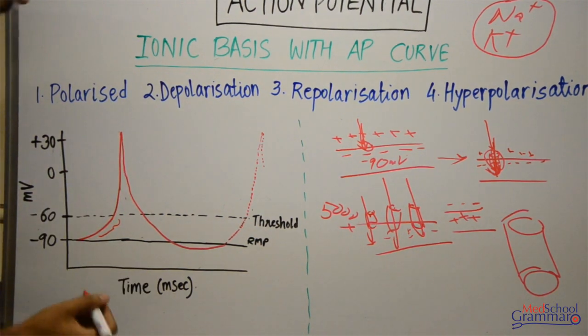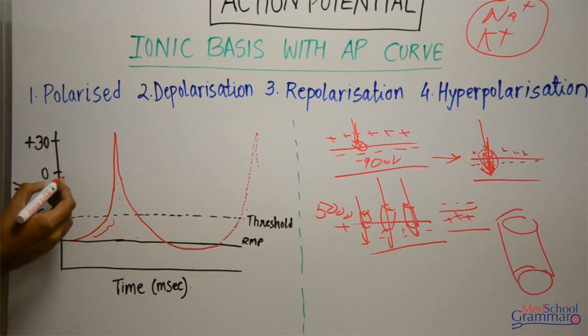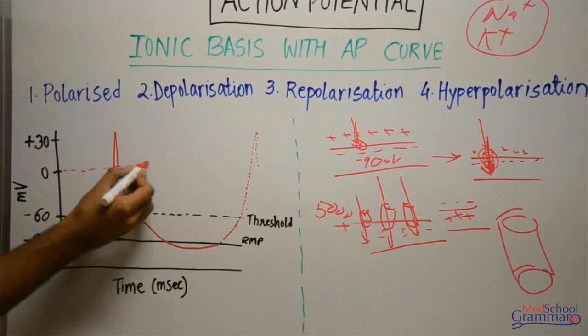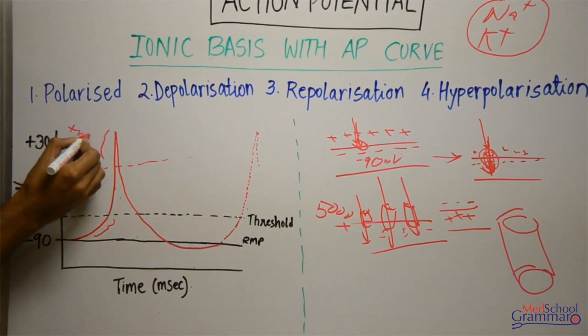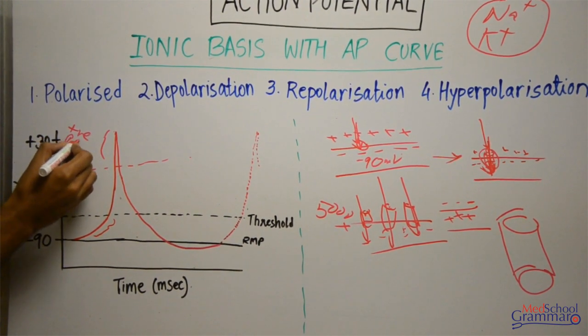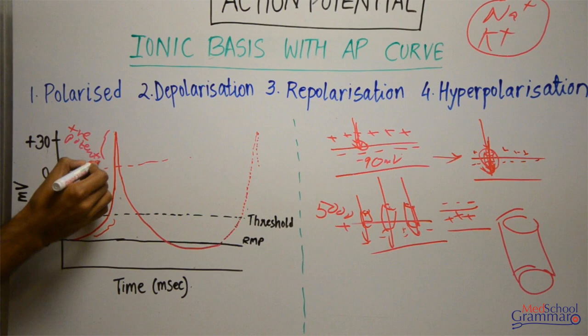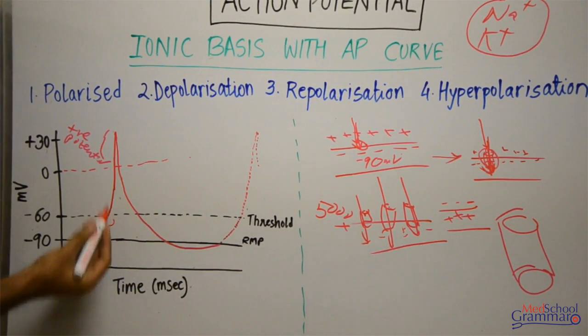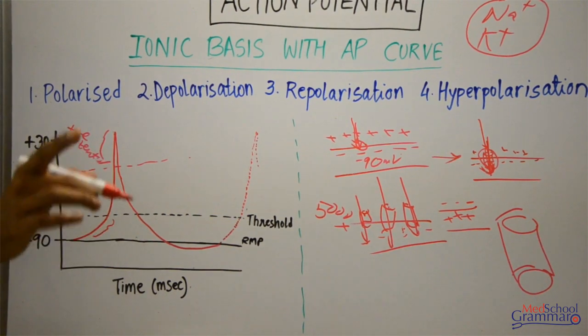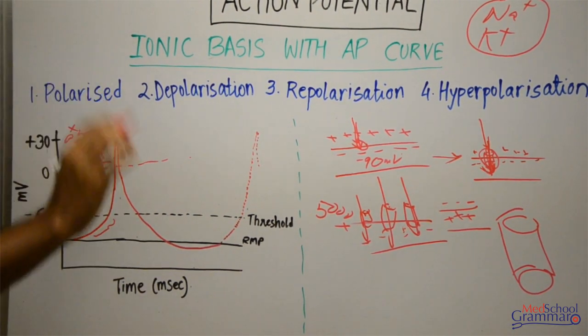Now why is that so? But before I go into the reason, let me tell you that this part of the graph above the zero is known as positive potential or overshoot potential, because it is overshooting the zero mark. This is known as overshoot potential or positive potential, right?